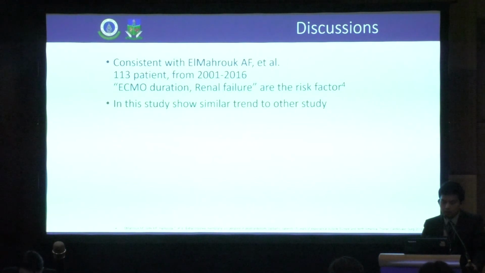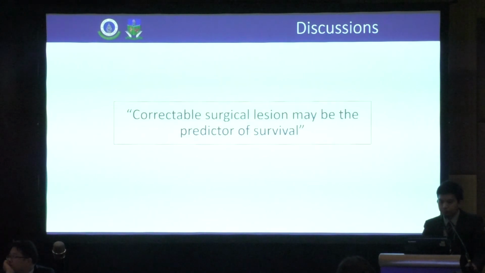Consistent with the Elmarak study, which collected data from 113 patients, this study shows a similar trend to other studies, but not statistically significant due to the small number of patients. We should mention that a correctable surgical lesion may be a predictor of survival.